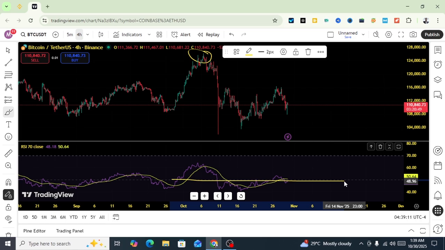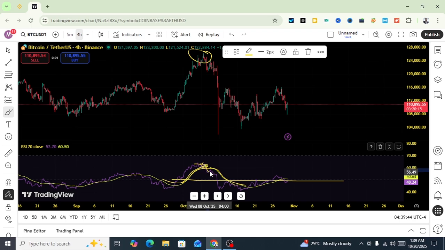When it's an uptrend and it goes up to the yellow marker, that means it is overbought, and when the market touches the yellow line, you have to enter this market as a seller.